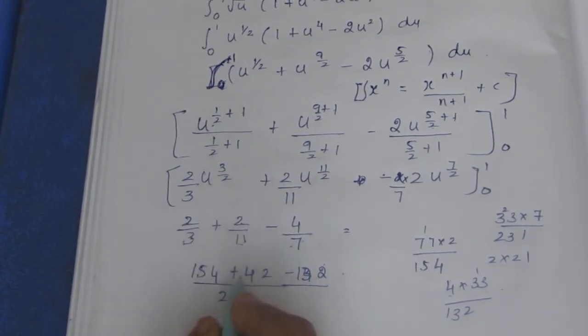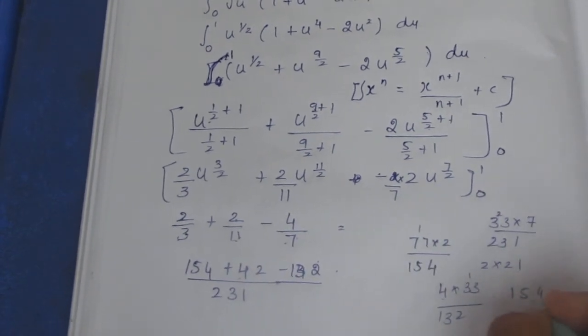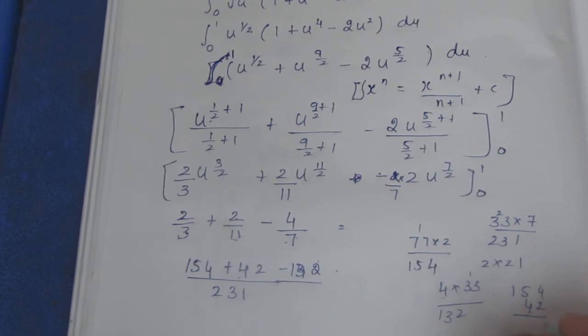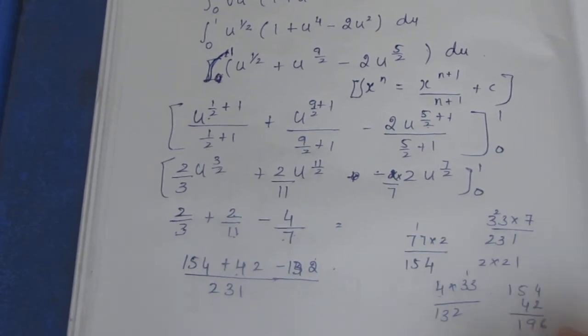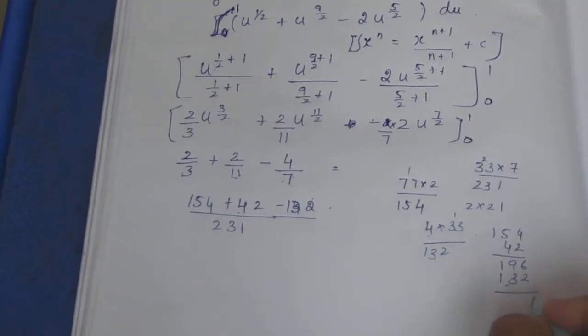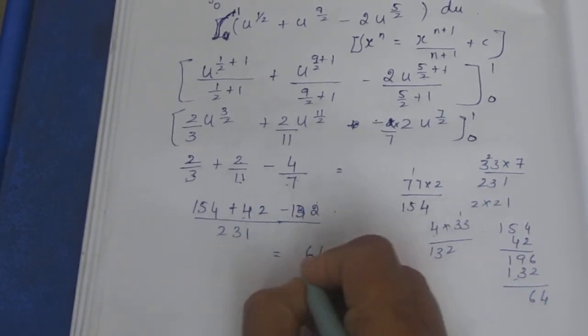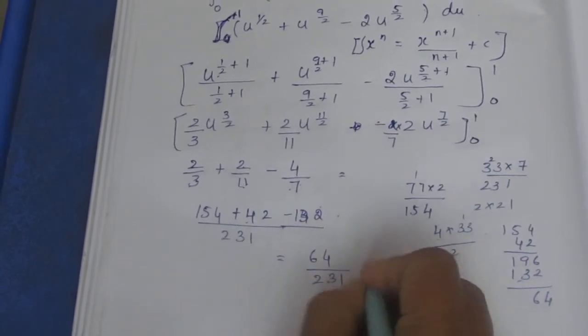Now if I solve this, we need to add: 154 plus 42 will become 196. 196 minus 132 will give you 64. So your final answer for the sum is 64 by 231.